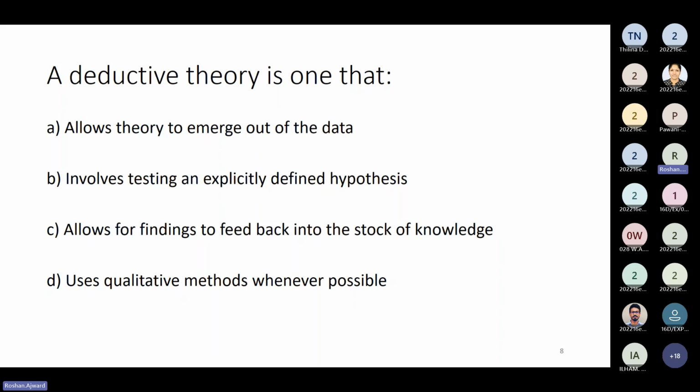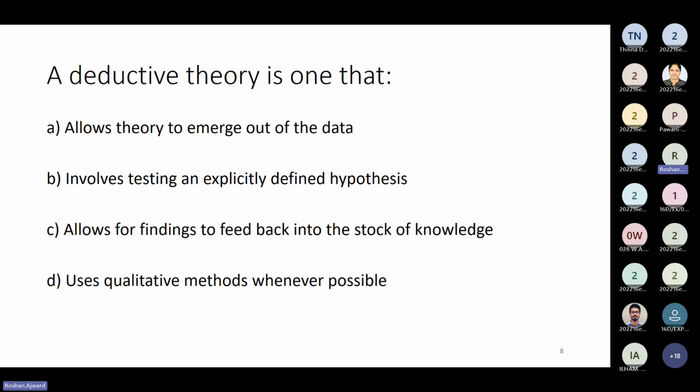Deductive research, what's that? Yes. In a deductive research, you test hypothesis. Inductive research, you create theory. Right? So A allows theory to emerge out of data. That's wrong because it's inductive research. B involves testing an explicitly defined hypothesis. Yes, that's what you do.